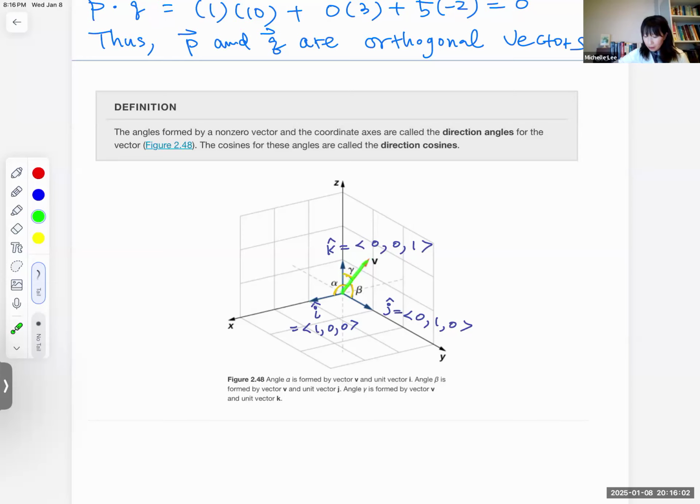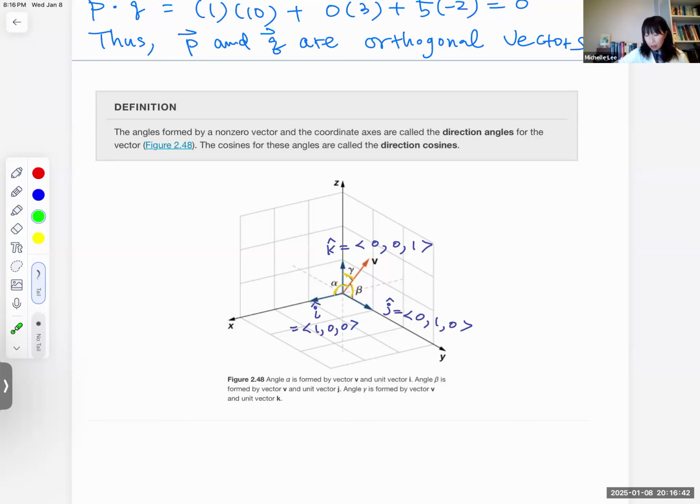So we have a vector V, and looking at the angle alpha, this alpha is formed by vector V and vector i. We learned the standard unit vectors i, j, k, right? So angle alpha is formed by vector V and vector i. Can you see that?